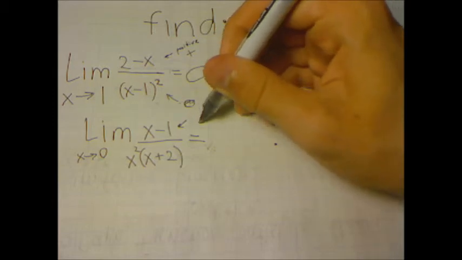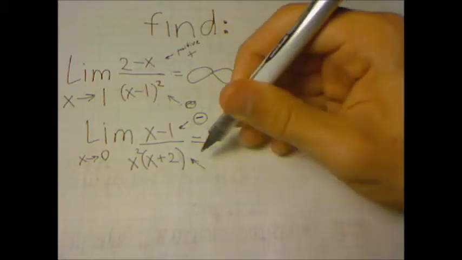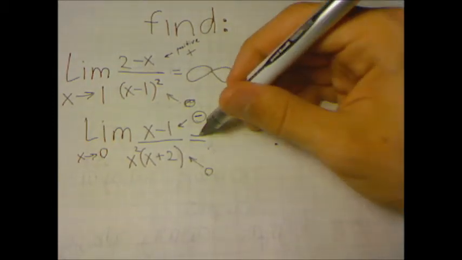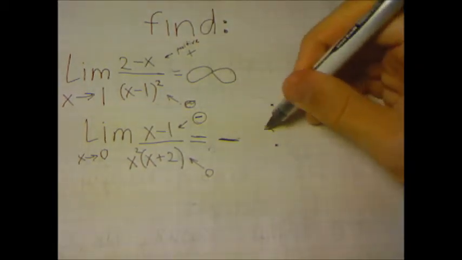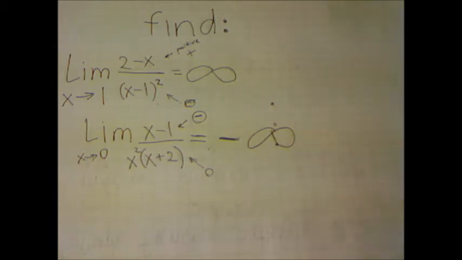However, for the second one, the numerator will approach a negative value. It will approach -1, while the denominator will approach 0, so it will be negative infinity overall.